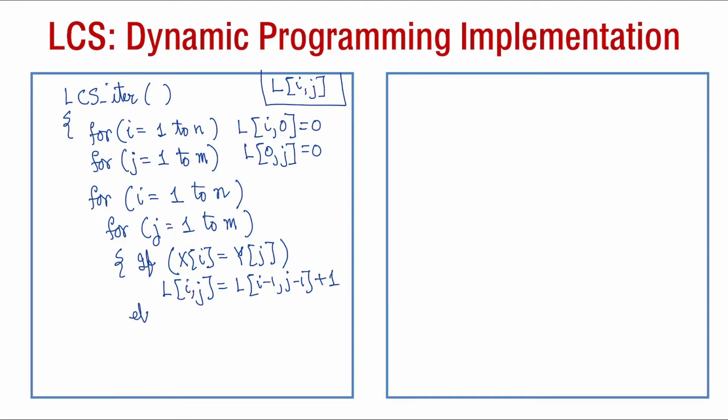Else Lij will be max of Li minus 1 j comma Lij minus 1.